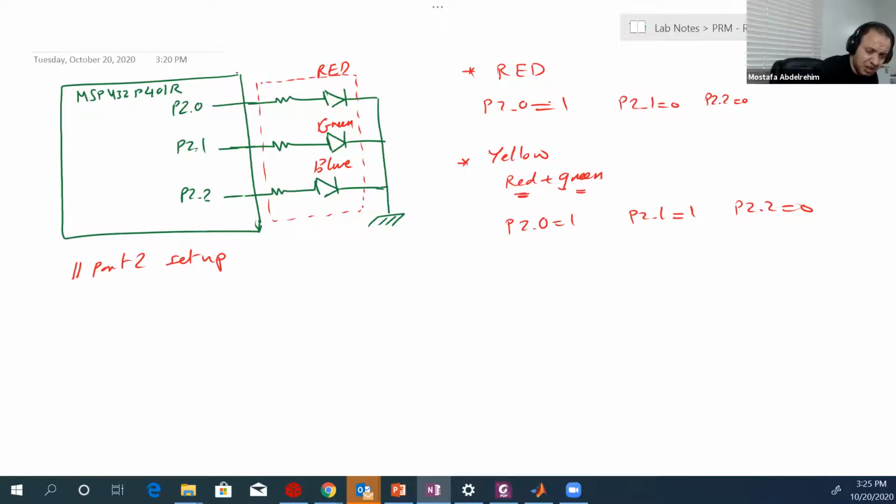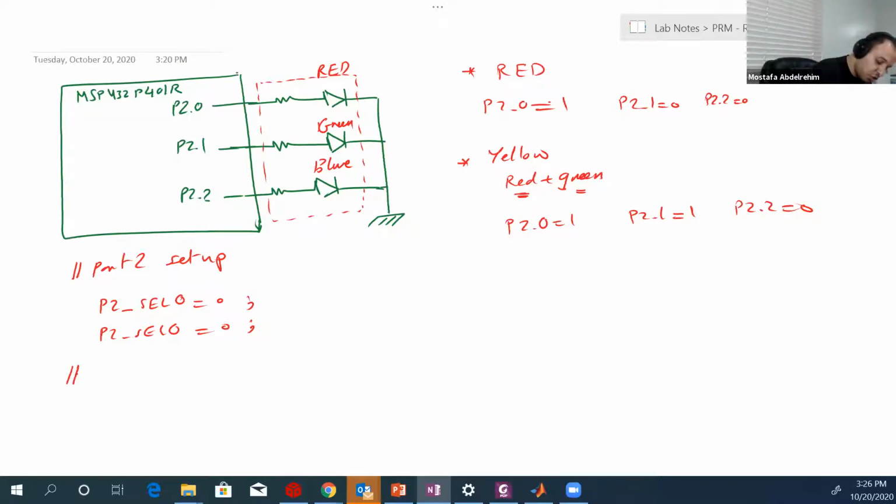So you can do something like B2 SEL0 and B2 SEL1 equal to 0. So all the pins, including of course the pins we're interested in, B2.0, B2.1, and B2.2, will be GPIO.